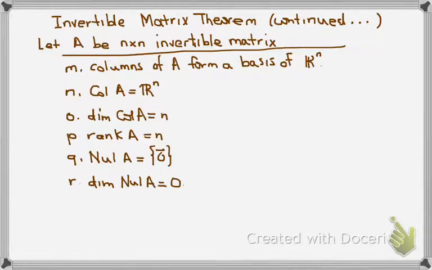The first one says that the columns of A form a basis of Rn. Well, why is that true? A has n pivot columns if it's invertible, which means that Ax equal to 0 has only the trivial solution, which tells us that the columns of A are linearly independent.